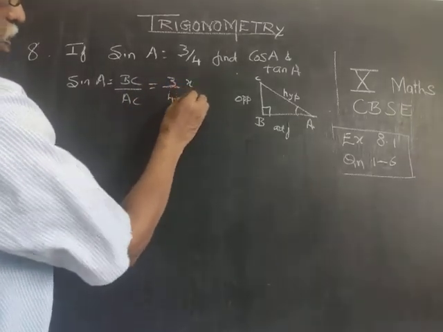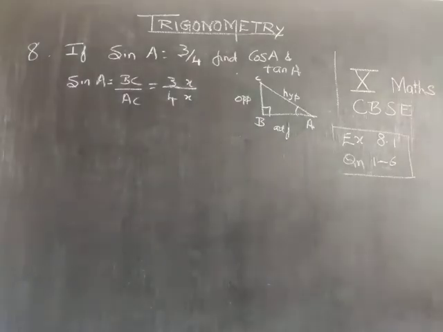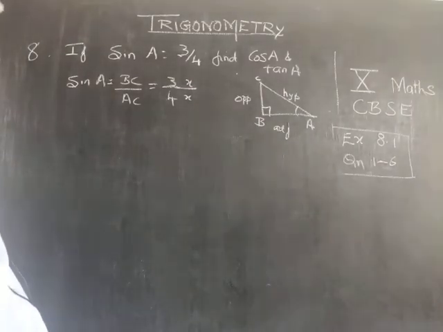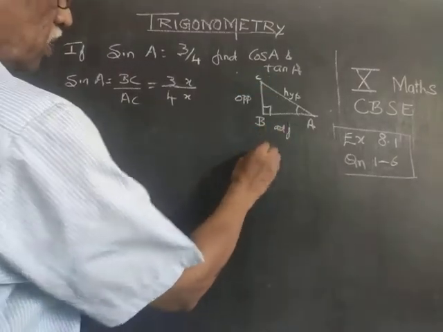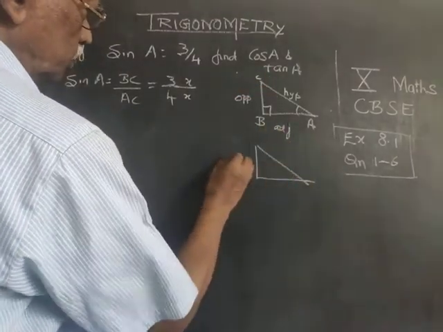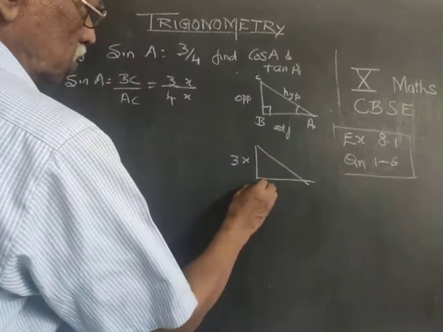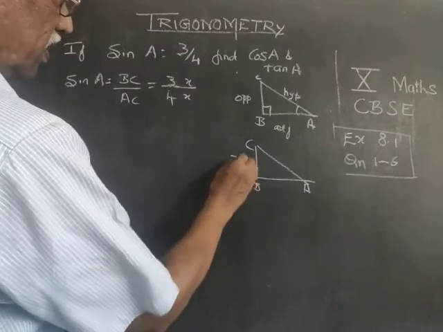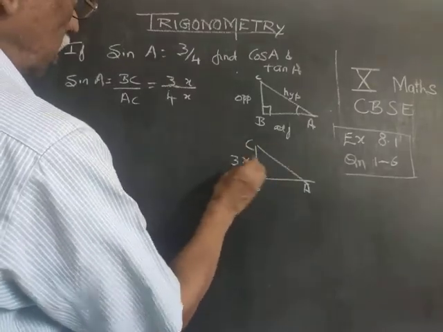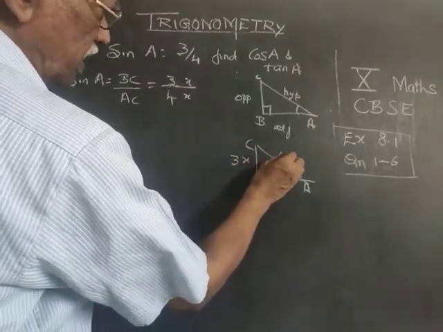Let me write more clearly, 3x and 4x. BC is 3x and this one will be 4x. This is your BC and this is your A. So BC is given 3x and AC, opposite side by hypotenuse, that is 4x.